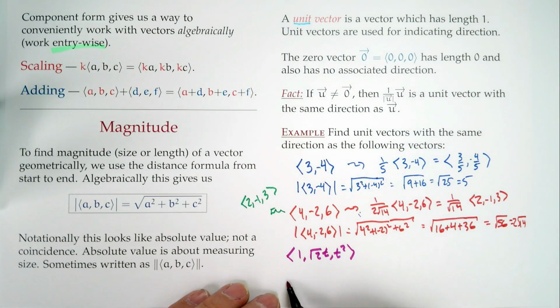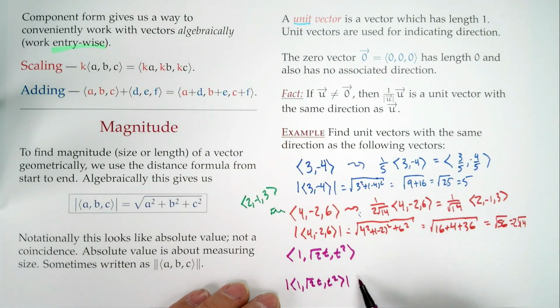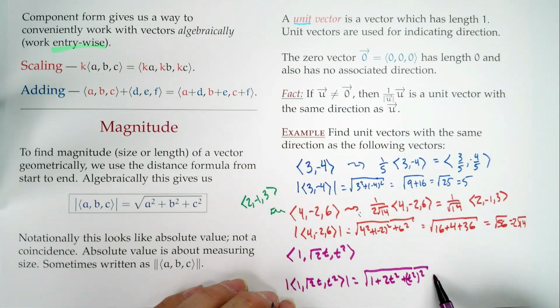So what's the magnitude of this vector? Well, 1, square root of 2t, t squared. That'll be the square root of, well, we square each part, so that's 1. We square this part, square root of 2t squared will be 2t squared. Then this will become t squared squared. And if you look, it's like, whoa, interesting. This is really 1 plus t squared, squared.